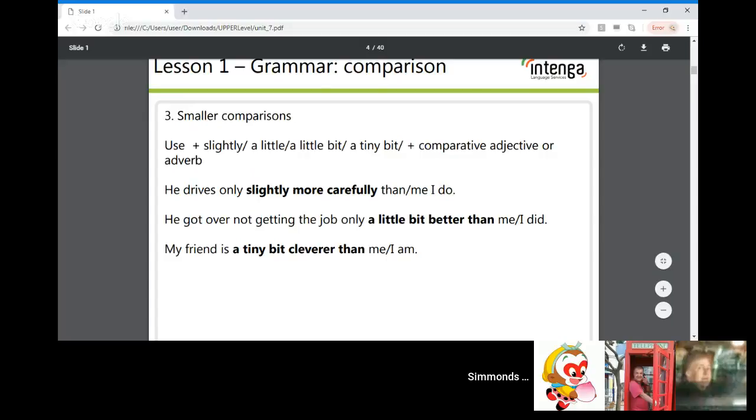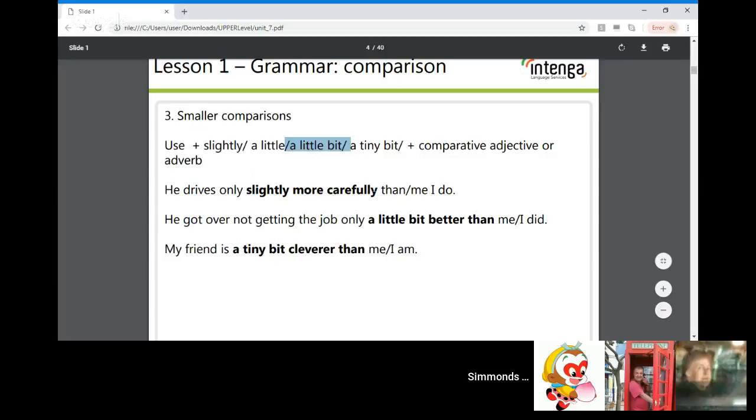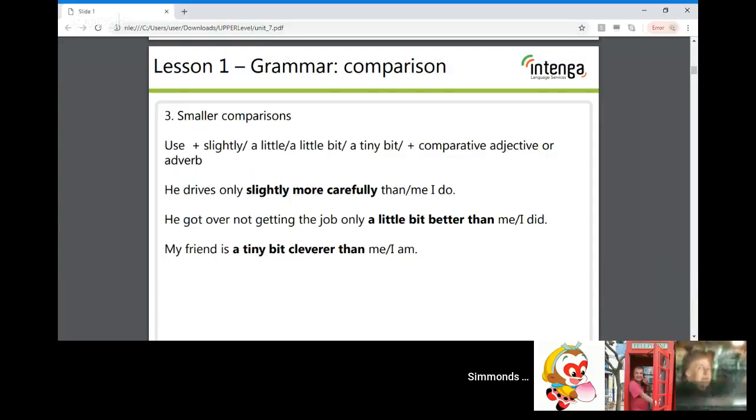Personally, I would probably say he drives only a little bit more carefully than I do. And I would say that because, like Ken said, it sounds weird with having ly here and ly here. So you can change the sentence so it doesn't sound so strange to you. However, this sentence is technically correct. All right. Any other questions?